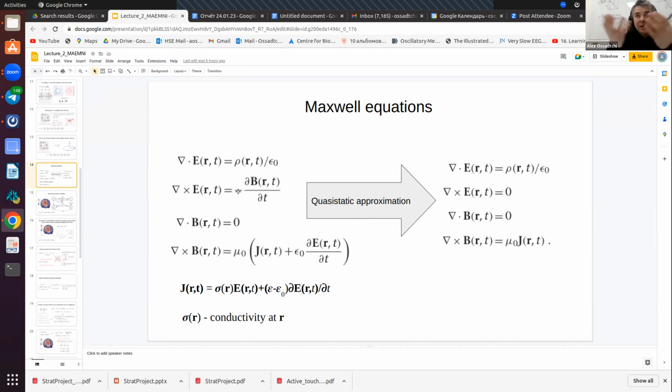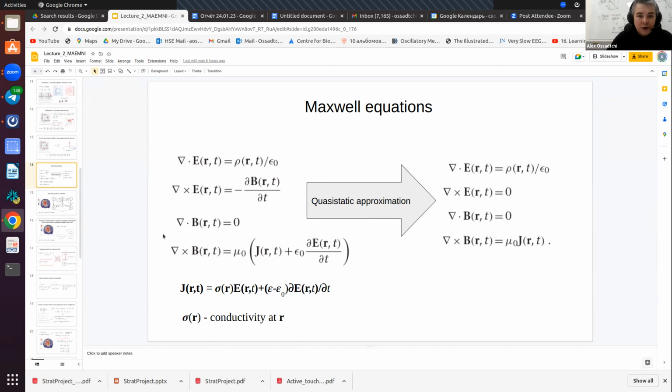And therefore the divergence of the magnetic field is always 0, because there are simply no magnetic charges. And that's actually one of the reasons why a magnetic field is not independent. It depends on E, on the electrical field, and electrical field is the primary thing, and then there is magnetic field.